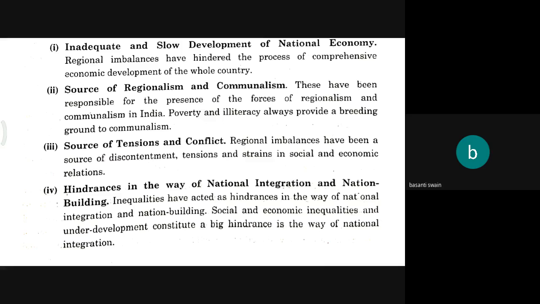Poverty and illiteracy always provide a breeding ground for communalism.